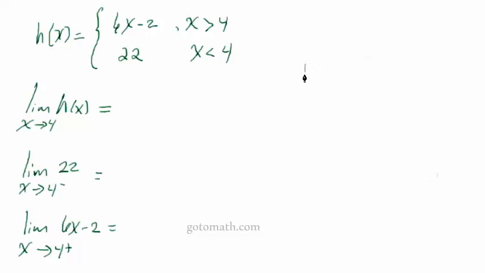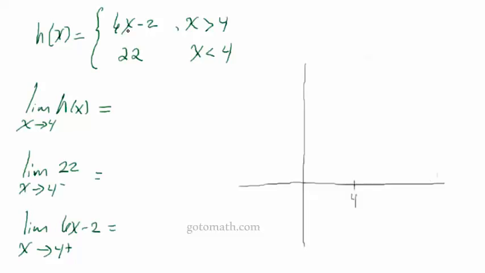Let's do what I always do, and that is we're going to sketch something up here, and we'll say 4 is right here. Now let's look at this top one here.